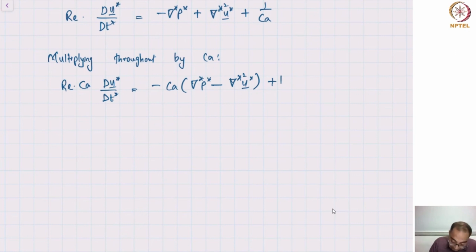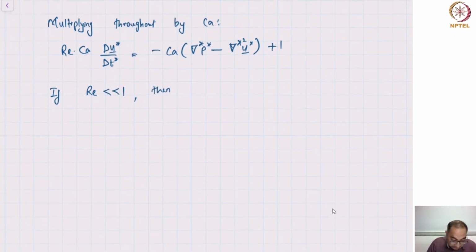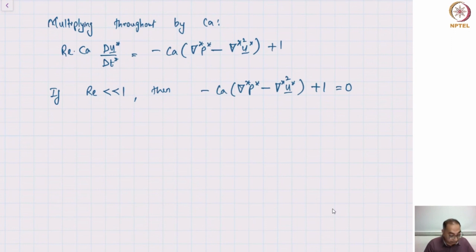Now if Reynolds number is much smaller than 1, then the equation simplifies to, we have capillary number is equal to 0.